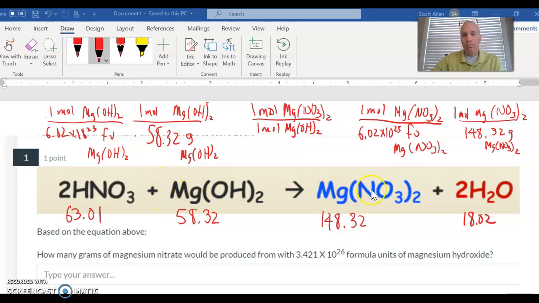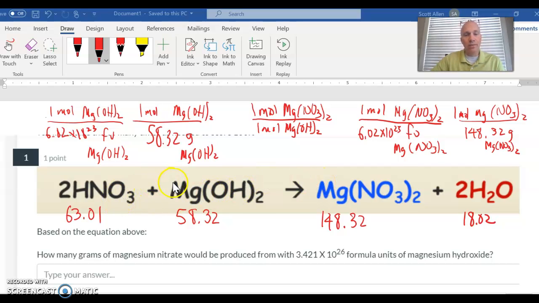So what this balanced reaction allows us to say is that 1 mole of magnesium hydroxide, which is right here, should be able to produce 1 mole of magnesium nitrate. And that's why we put that on top. And remember, this mole-to-mole ratio can be done between any two things.